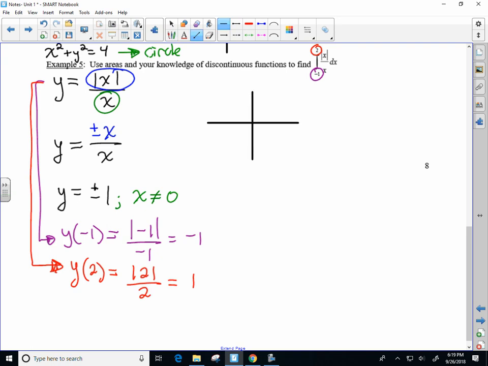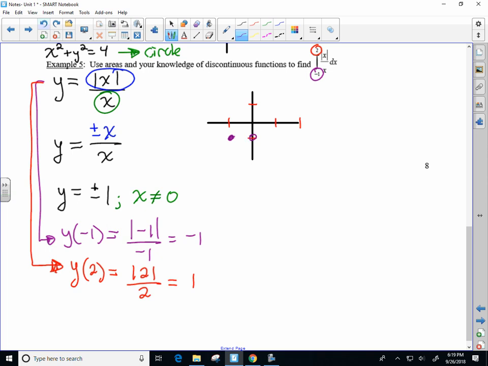So I can get a sketch going. I'll make it a little wider. Alright, so we're looking at something along these lines. Closed interval.